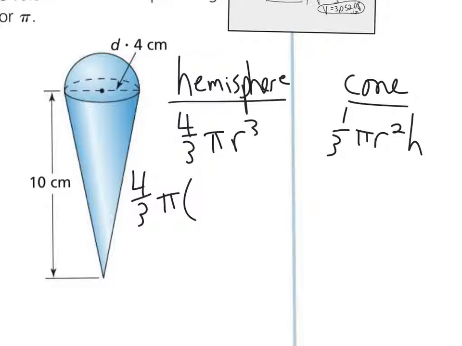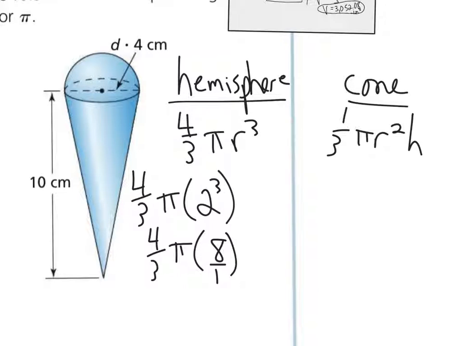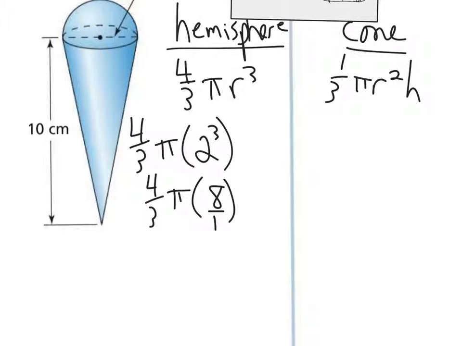What I'm going to do is just save my pi. Diameter is 4, means the radius would be 2. 2 cubed, 2 times 2 times 2 is 8. And if you multiply, just keep the pi there. This would be 32/3 pi, and here's an example of maybe what not to do.